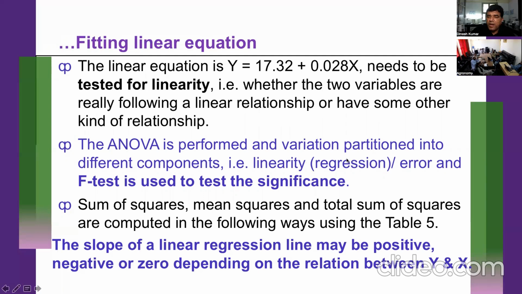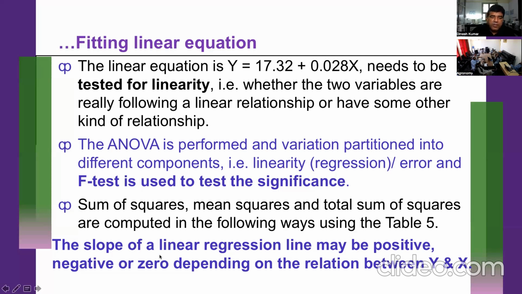ANOVA is performed and variation is divided into different components. One is regression and the other is error or residual. And the F-test is used to see the significance. Sum of squares, mean squares, and total sum of squares are computed in the following ways using the table.